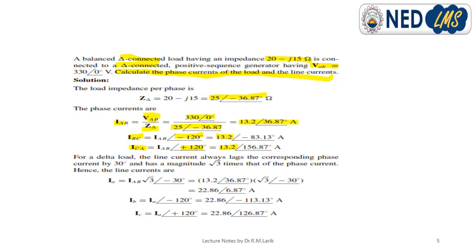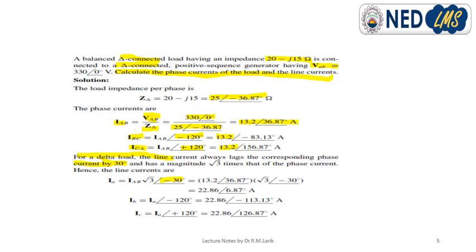For a delta connected load, the line current always lags the corresponding phase current by 30 degrees. Recall from the phasors: in delta connected, the line current always lags, that's why minus 30 degrees. You calculate the line current by multiplying the phase current by root 3 with a minus 30 degree lagging effect.